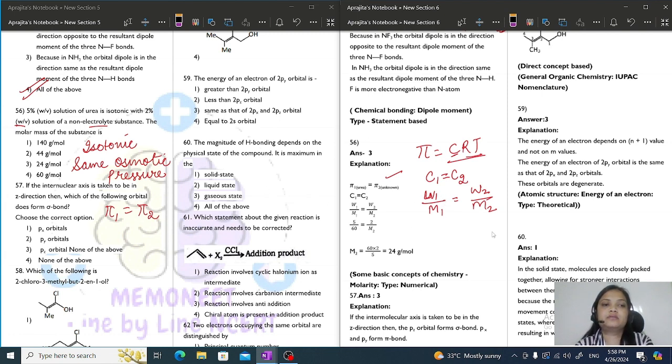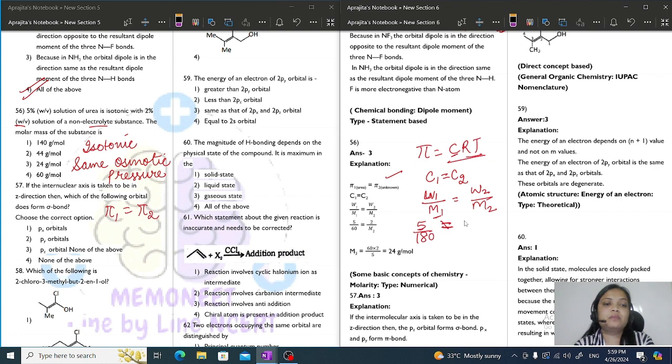There is a 5% solution of urea, weight by volume, so 5 grams is present in 100 ml. The molar mass of urea is 180, and the 100 volume will cancel on both sides, so we are not writing it.